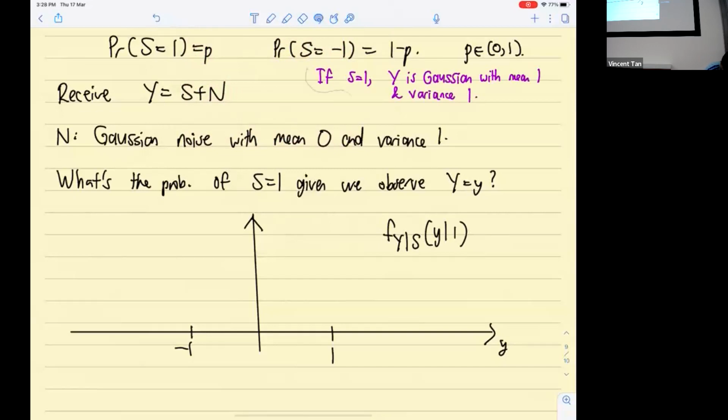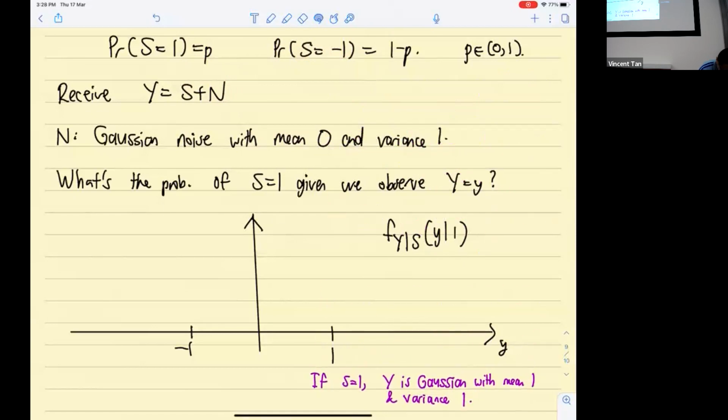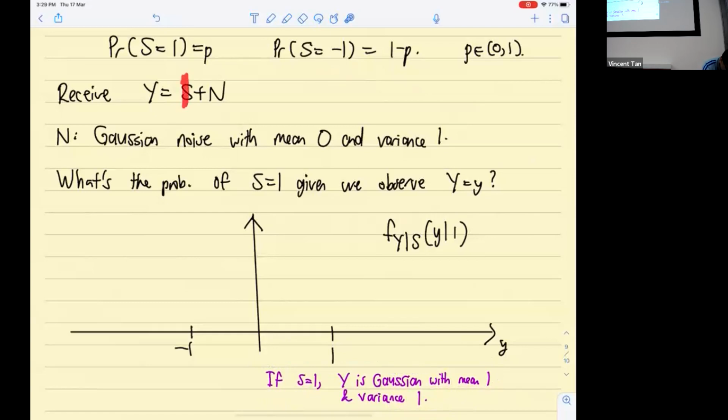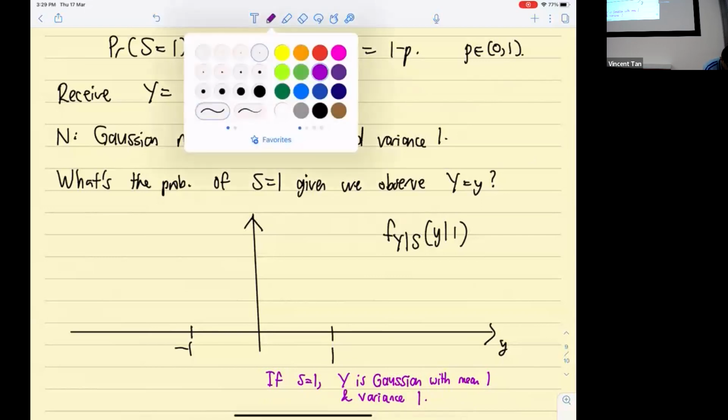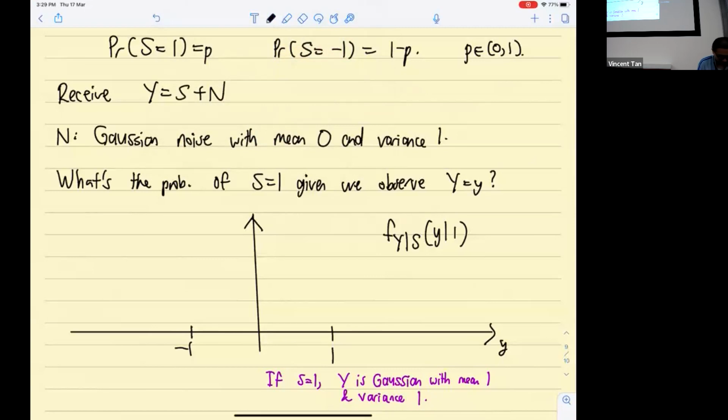The variance does not change if I add a fixed number to it. Y has mean 1 because S is 1 here and the noise has 0 mean, so the mean of Y must be the mean of S. If I add a fixed number to a Gaussian random variable, the variance does not change. So the variance is still 1.